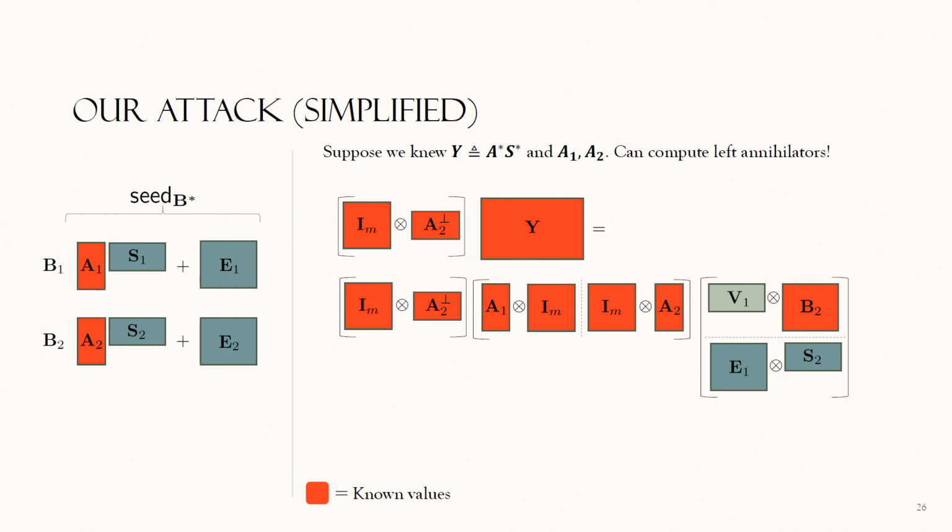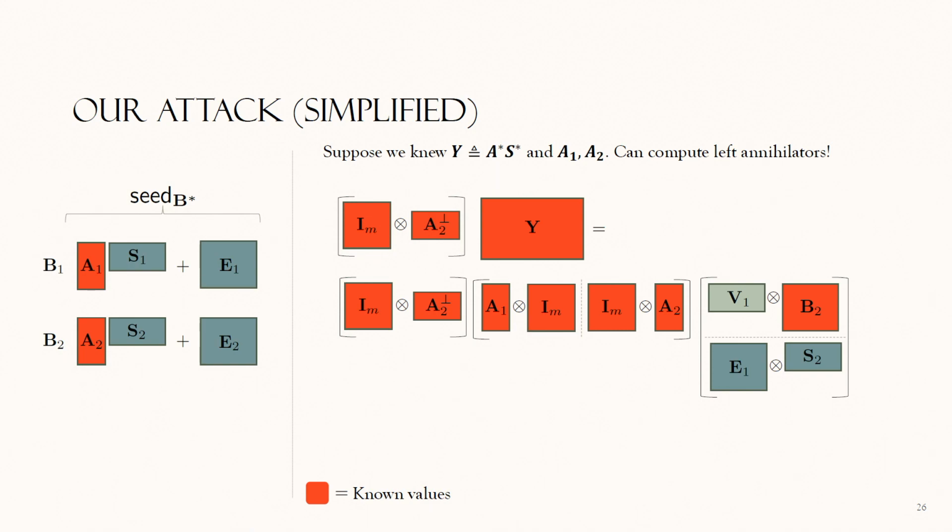Well, if you knew A1 and A2, you can just compute a left annihilator of A1 and A2. Think of A1 and A2 as tall matrices. What I can do is multiply both the left-hand and right-hand side by the M by M identity matrix, don't worry about the M, tensored A2 perp. And what happens? This A2 perp is going to kill off the second block.